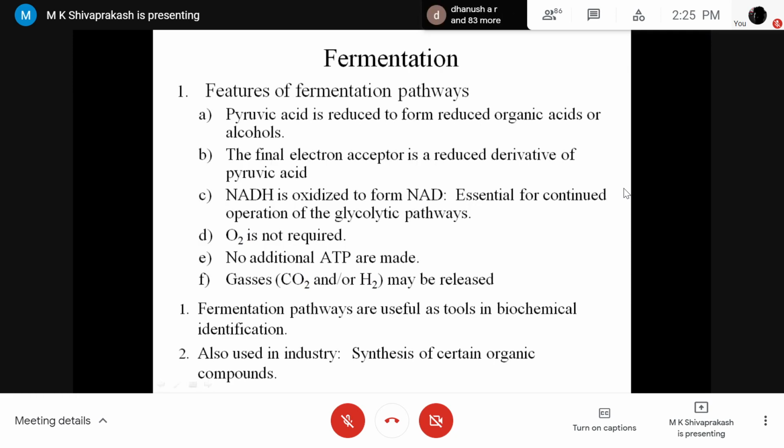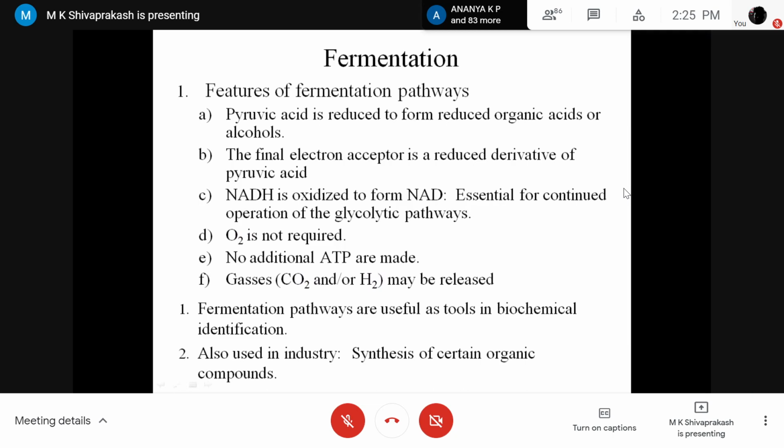And of course, though this pathway doesn't generate much energy, the end products and intermediates of the fermentative pathway are used as indicators for biochemical identification.